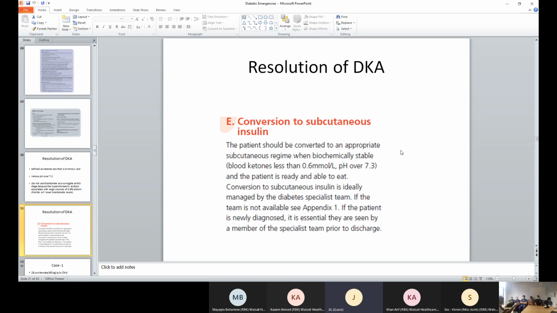Not only in ED, anywhere in the hospital, the variable rate insulin infusion should be used if the patient is nil by mouth and on insulin, in type 2 diabetes or type 1 diabetes. Obviously, they are on insulin.